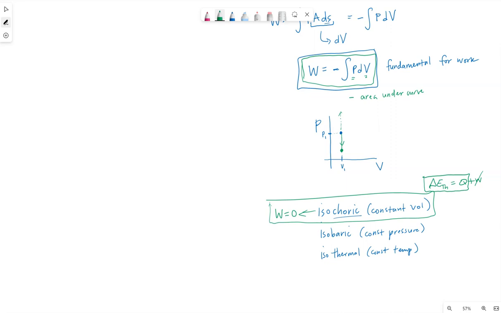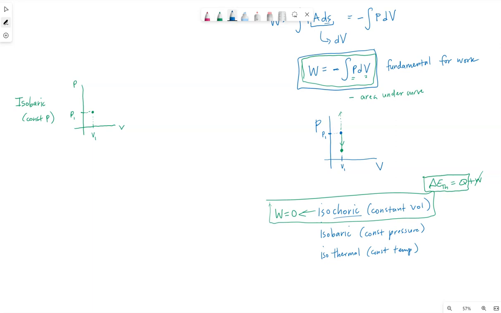Constant pressure. Let's come over here and look at isobaric, or constant pressure. PV diagram. Again, any one point on this graph represents some sort of specific volume and pressure. Isobaric means keeping the pressure constant.